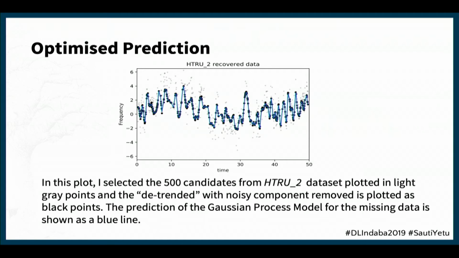What I was doing in this project was proposing a Gaussian process approach, as a method of machine learning, to mitigate radio frequency interference.